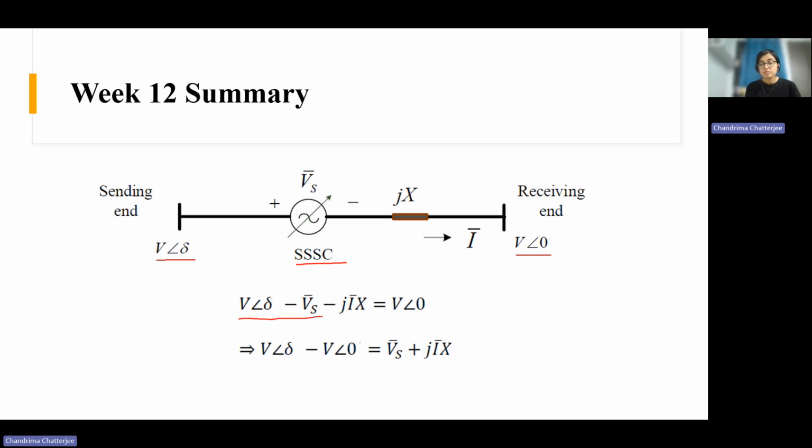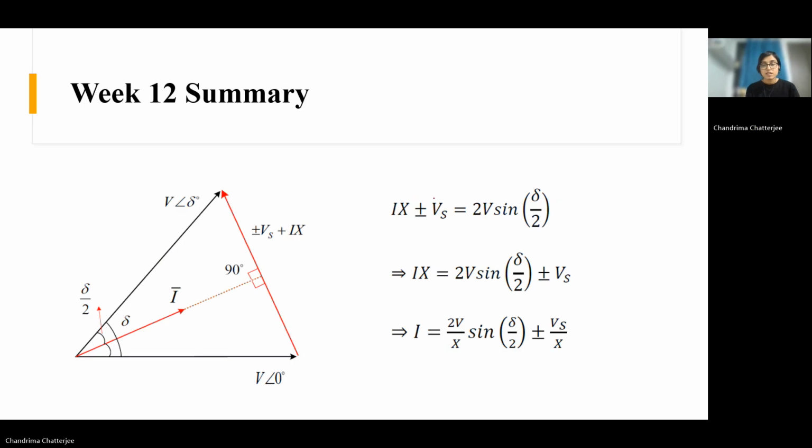V angle delta minus Vs minus jIX is equal to V angle 0. What is Vs? Vs is the voltage of the triple SC. And what we get is V angle delta minus V angle 0 is Vs plus jIX, right? This is what we get. Now in terms of phasors, we can represent them.